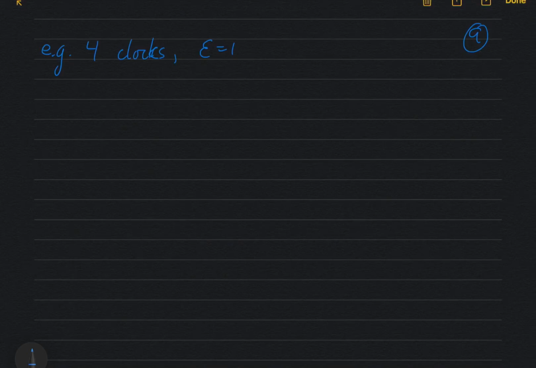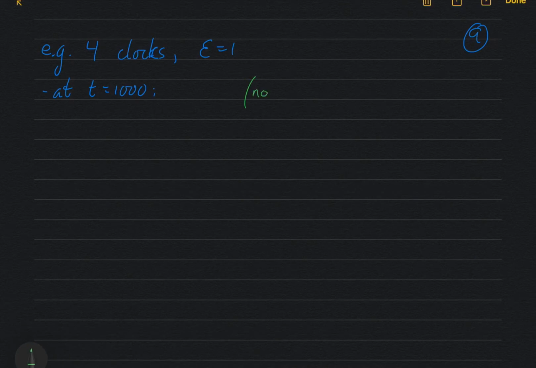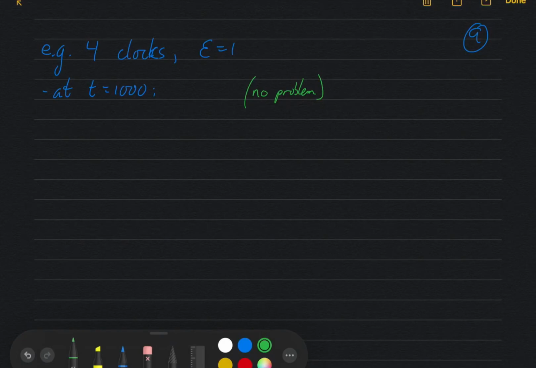And so let's say that the 4 clocks start synchronized perfectly at time 0, and at time t equals 1000, at this point there's no problem yet. So they are all still more or less in agreement on what the time is, even if not perfectly.